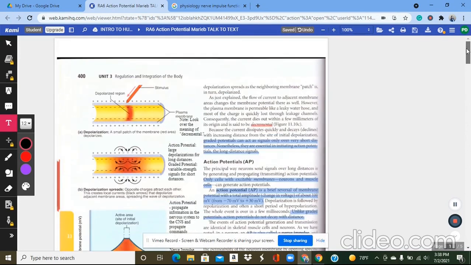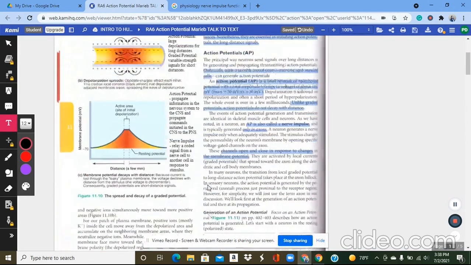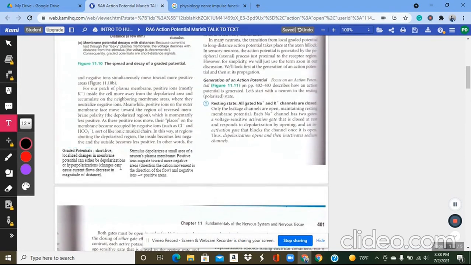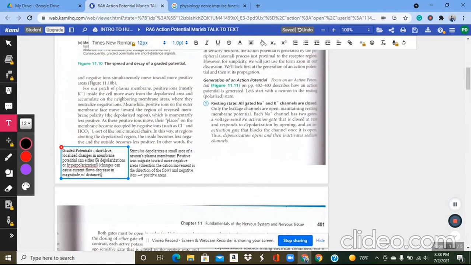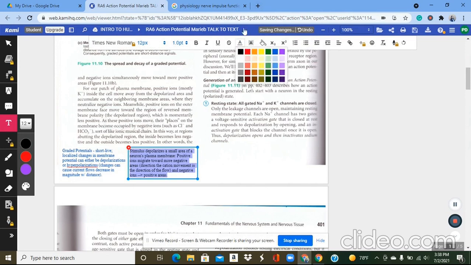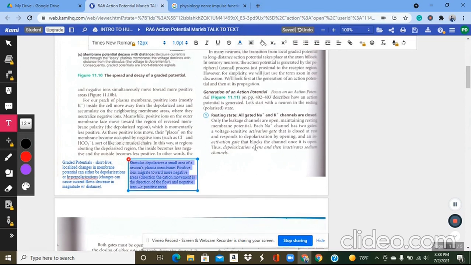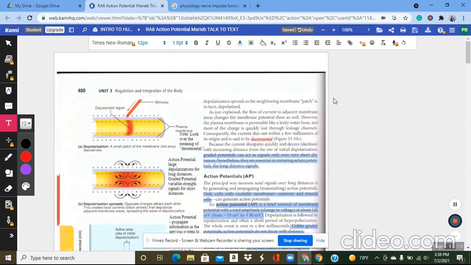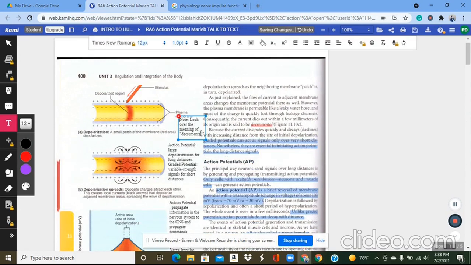I think I should change the color of the annotations just so it won't be confusing, so I will change this to dark blue, so it's not confusing to look at when you're reading the text.